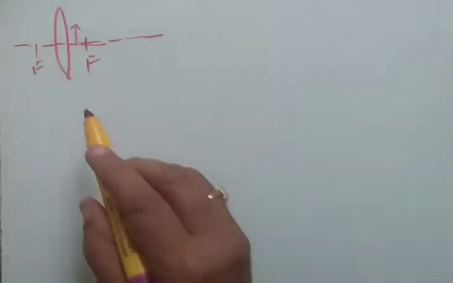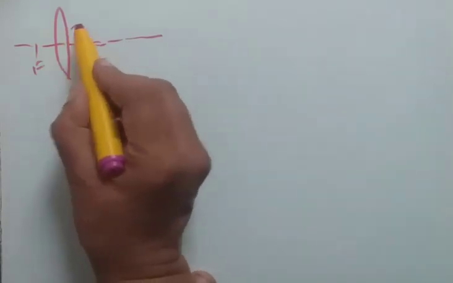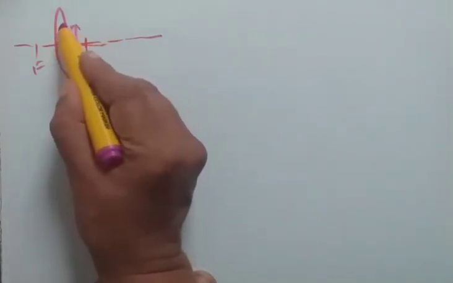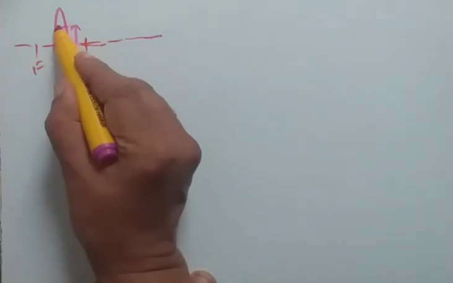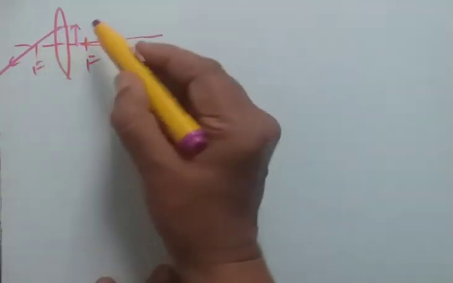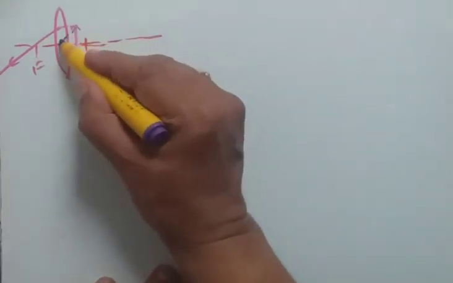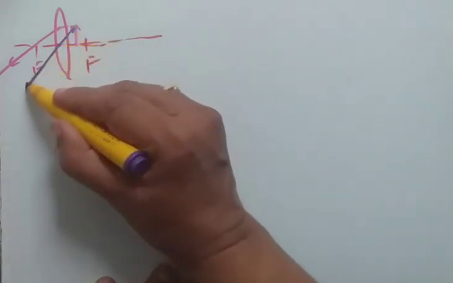Now, the image formation we draw like this. Say a ray passes like this through the focus, another passes through the optic center from the tip, like this.